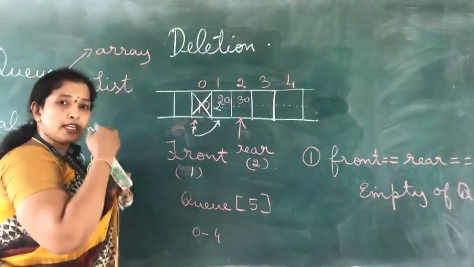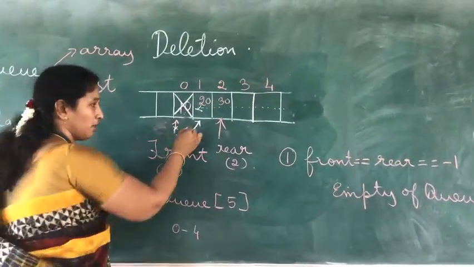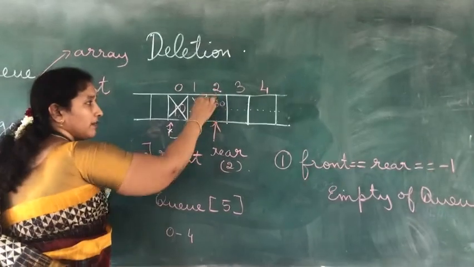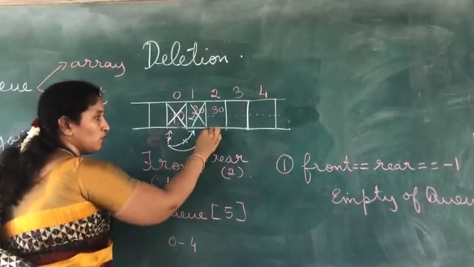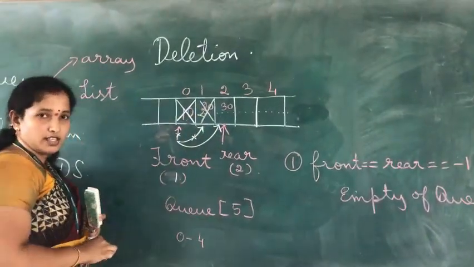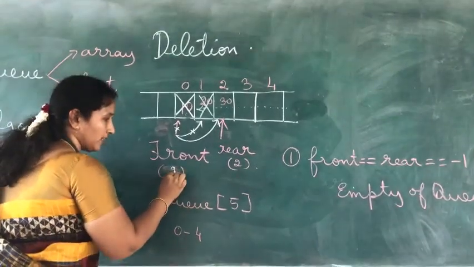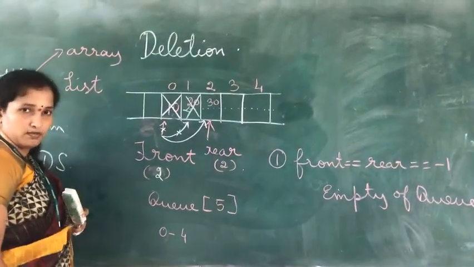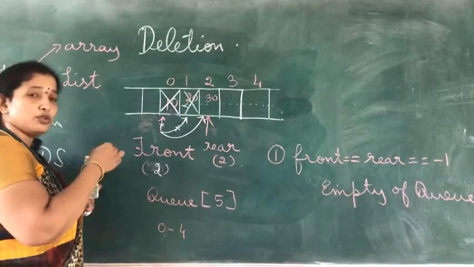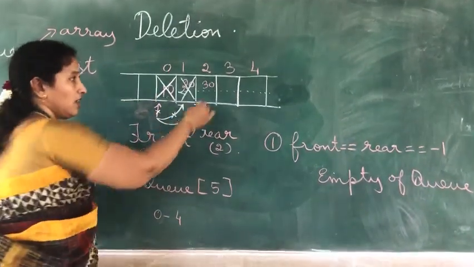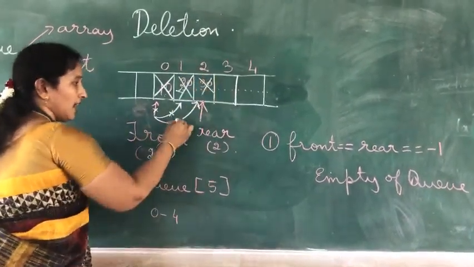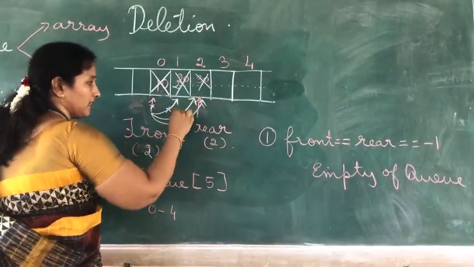When I am going to do the next deletion operation, that is the second deletion operation, the data will be deleted and the pointer will be moved over to the next stage. So now the front pointer and the rear pointer are the same. And then the next, if I want to do the deletion operation, I will be deleting this 30 and the link will be made here.